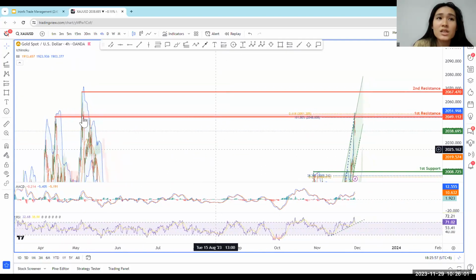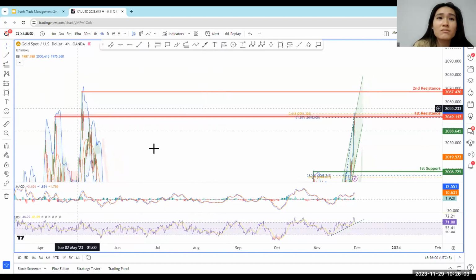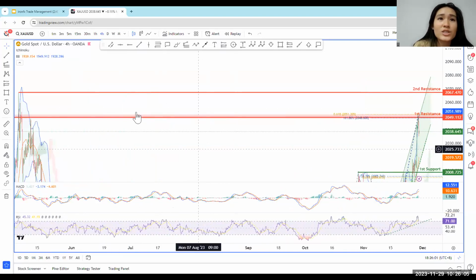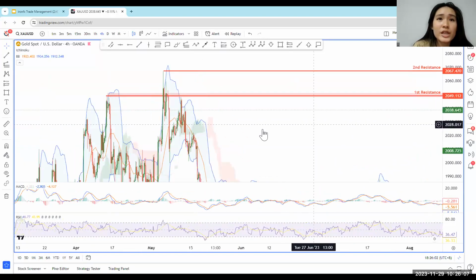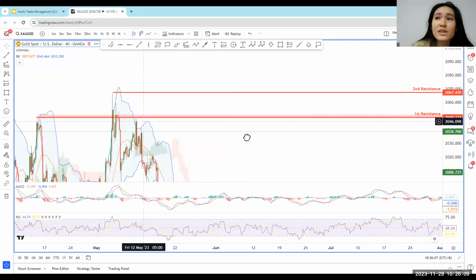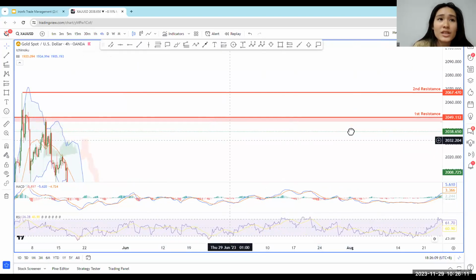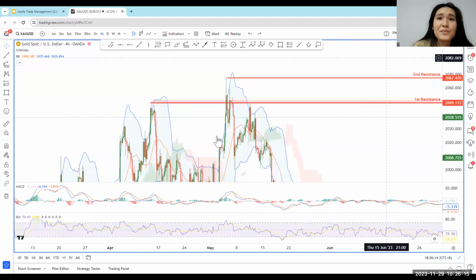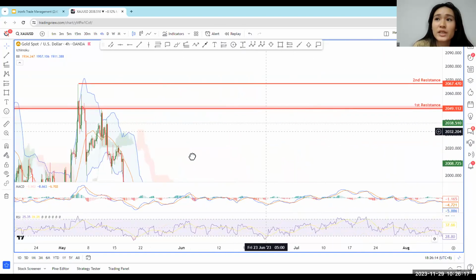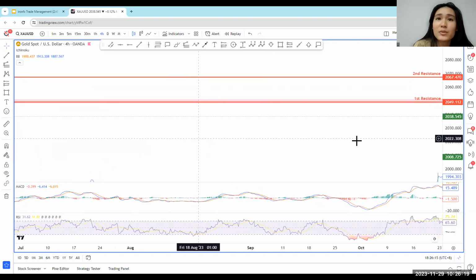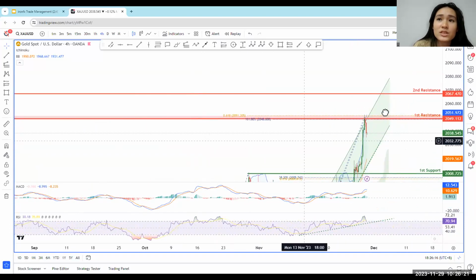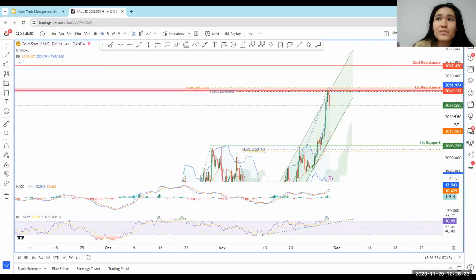It managed to break out of it once over here, but it's still a pretty strong resistance area. So it's not a surprise that we are seeing price kind of respecting that area right now, but we're expecting it to still continue in this upward trend.